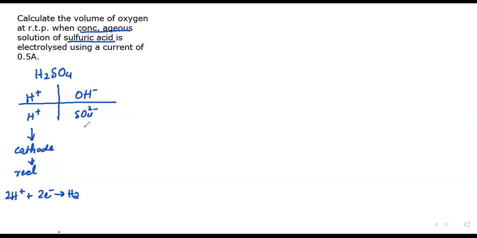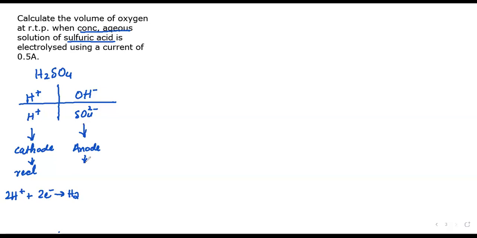Over here, I have a choice between hydroxide and sulfate, right? In IGCSE, we used to look at the reactivity series to decide who will go to the cathode and who will go to the anode. Now you will actually see that we do not look at the reactivity series, we look at something we call electrode potential.